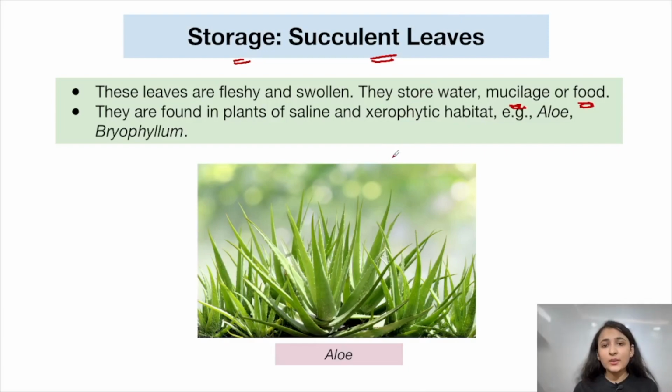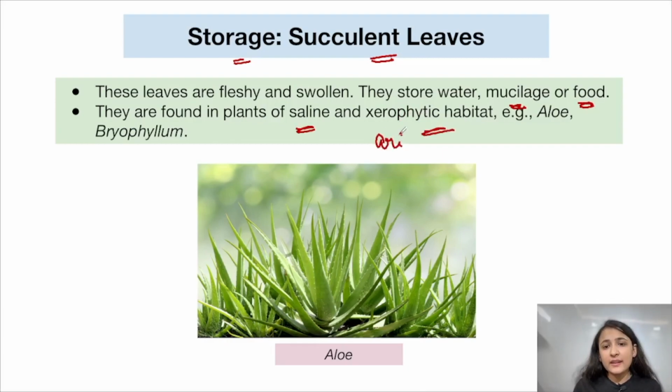How to identify a succulent leaf? The leaves would be very fleshy and swollen because they store water, mucilage or food. So fleshy and swollen leaves are succulent leaves. They are found in plants of saline, salty habitats or xerophytic habitats. Xerophytic habitats are those where water is scarce, in desert kind of areas, arid areas.